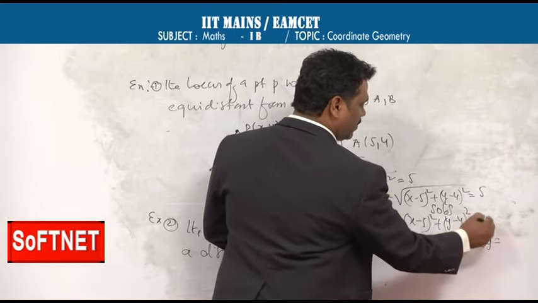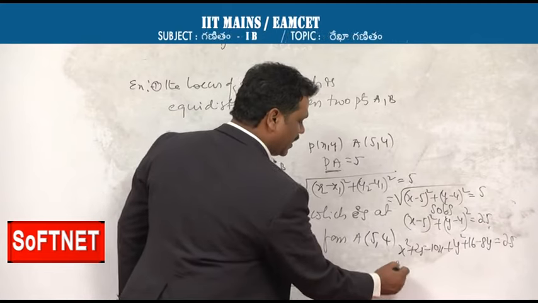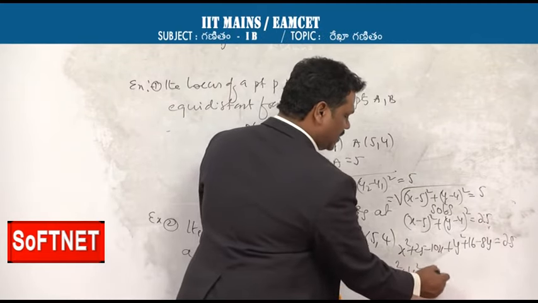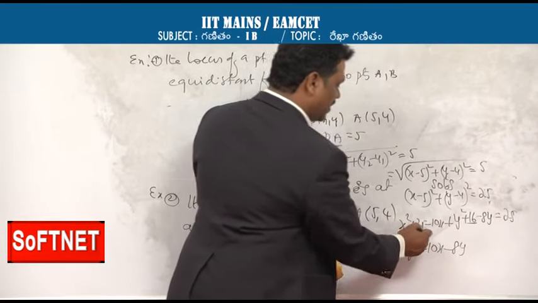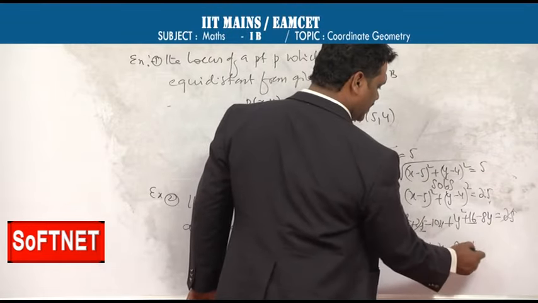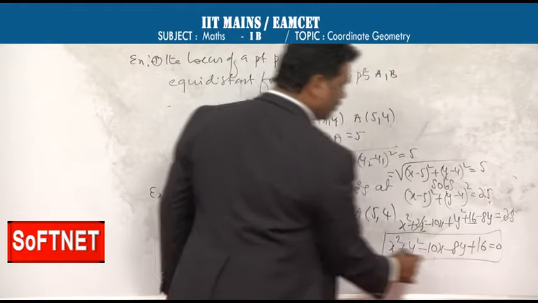Squaring on both sides, 25 equal to 25. So we get x square plus y square minus 10x minus 8y, 16 plus 25 is 41, 25 cancels, so plus 16 equal to 0, which is the equation of the locus.